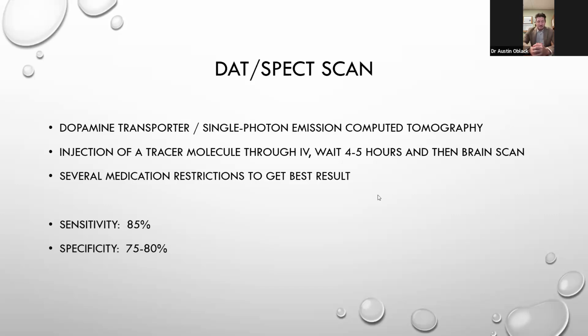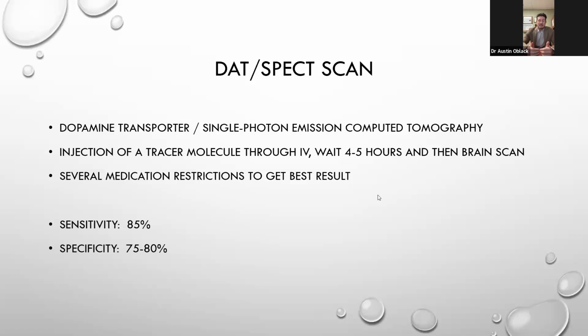And essentially, whenever I explain it to patients, it's similar to an MRI but with some minor differences. You will go into a facility, they'll give you an IV and give you a tracer through the IV. And this tracer basically goes to a specific part of the brain in the basal ganglia, and that is the part that is usually degenerating in Parkinson's disease patients.